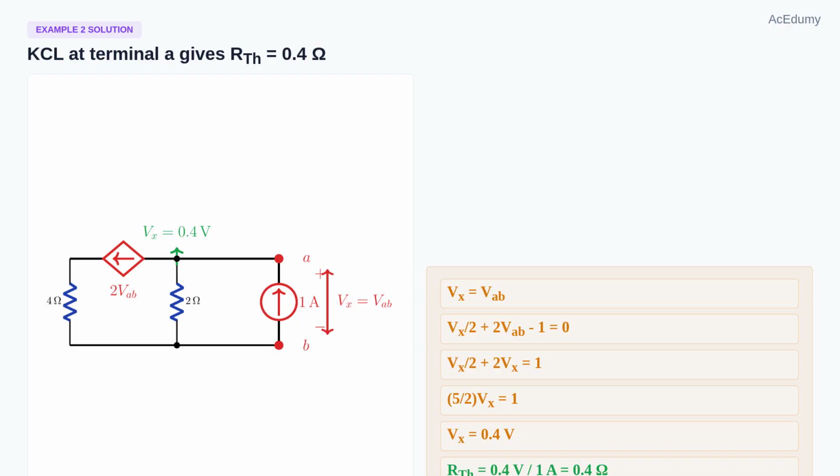KCL is therefore Vx over 2 plus 2Vab minus 1 equals 0. Since Vx is the same as Vab, we have Vx over 2 plus 2Vx equals 1. That is 2.5 Vx equals 1, so Vx equals 0.4 volts. With a 1 ampere test current, R Thevenin is 0.4 ohms.